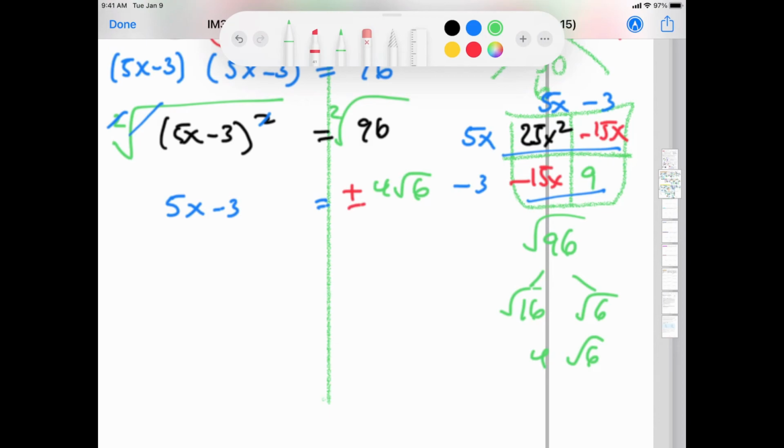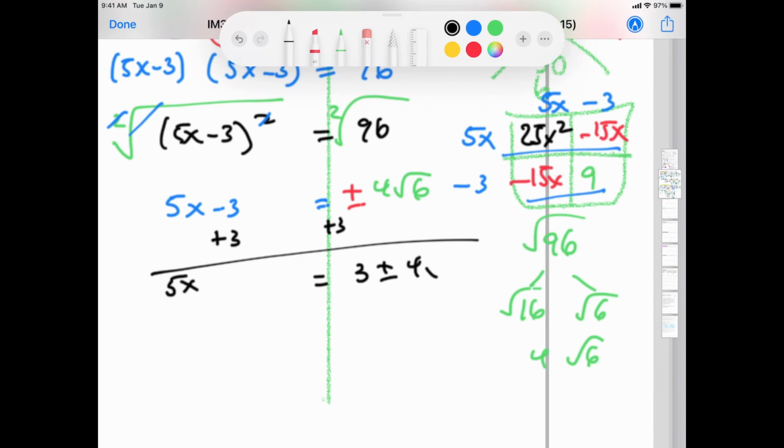Okay, remember you're solving, so you need to do the opposite of PEMDAS. And basically you're going to add 3 instead of divide by 5. The temptation is to get 3 plus 4 is 7, and that's incorrect. 3 plus or minus 4 radical 6.